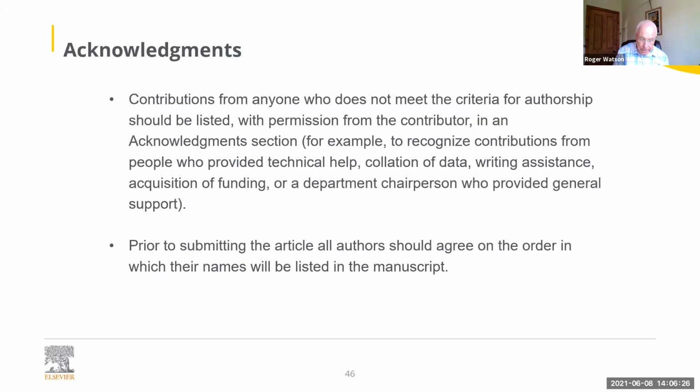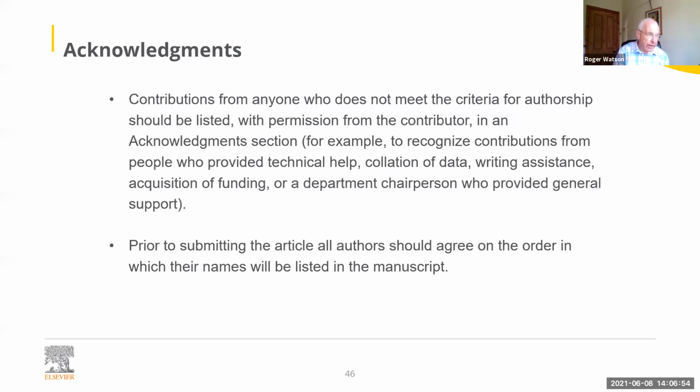And finally, people who have made other contributions, technical help or writing assistance or editing, for example, can be acknowledged on the paper with their permission. And the final bullet point is, prior to submitting an article, everybody should agree the order in which their names are listed on the manuscript. COPE say that any change after submission is an ethical issue.